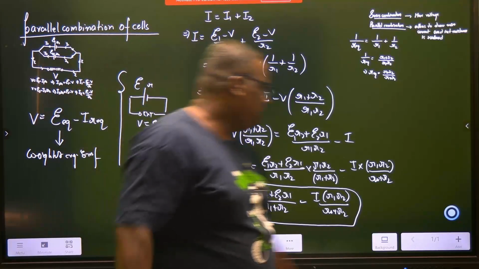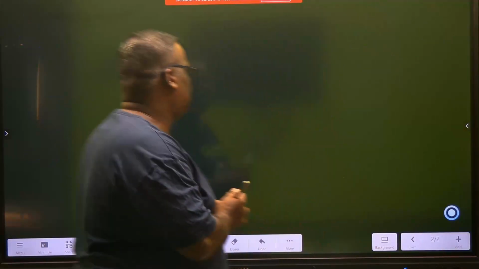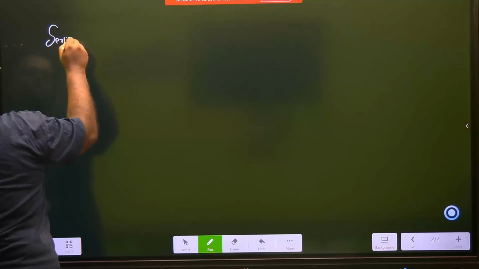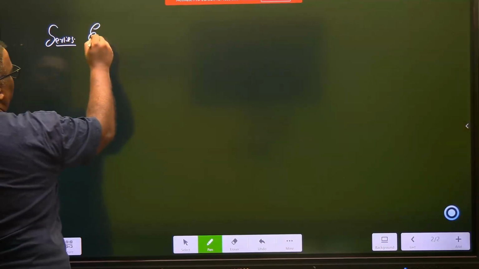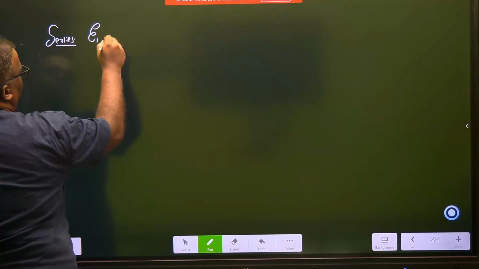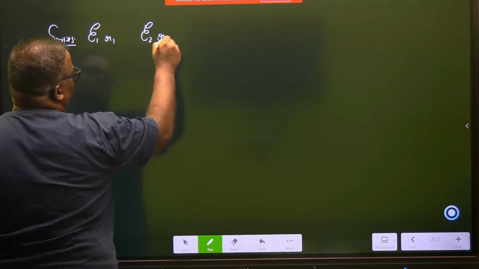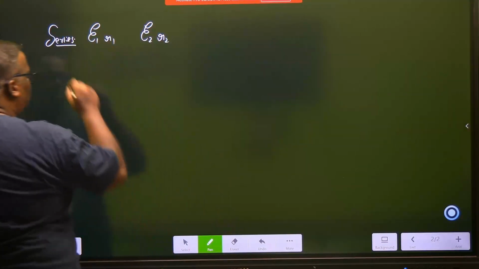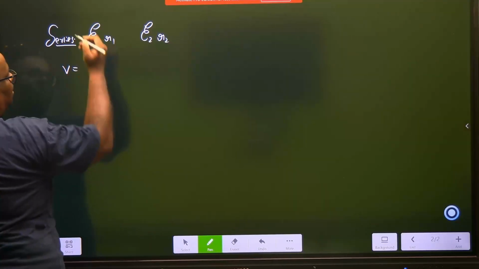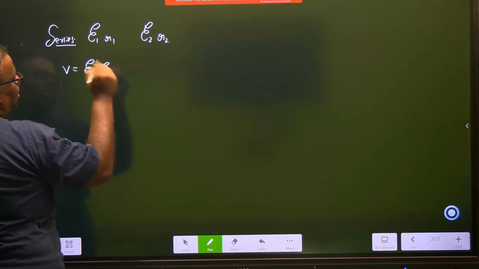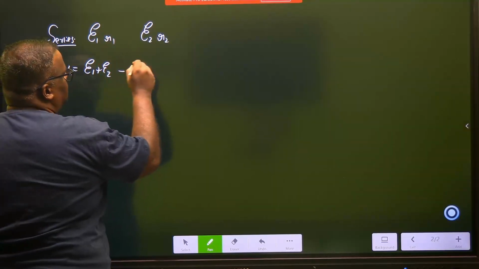So if I change the screen, let's have a recap. When you do series, suppose you take E1 with internal resistance R1 and you take a cell E2 with internal resistance R2, then what is the terminal voltage you can expect? The two EMFs add up, E1 plus E2, and minus the drop.